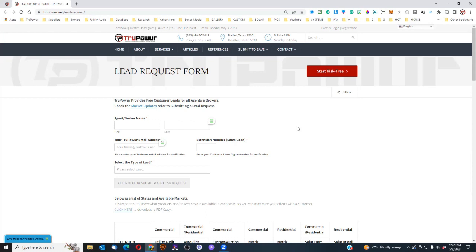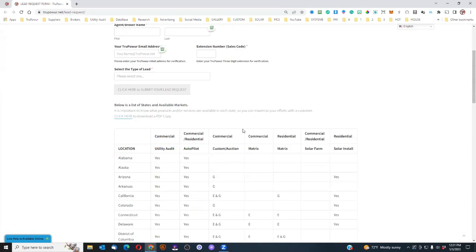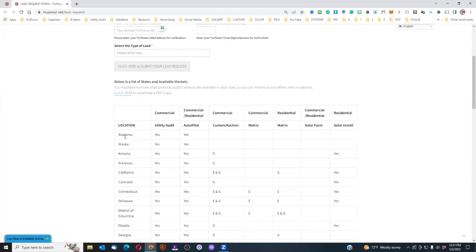Well, if I select leads, for example, in Alabama, I can do the utility audit, a commercial utility audit that's available in all 50 states in Canada. And I can do the AutoPilot bill reduction for both residential and commercial in all 50 states in Canada. But if I request Alabama leads, that's all I have. I have no extra steps.